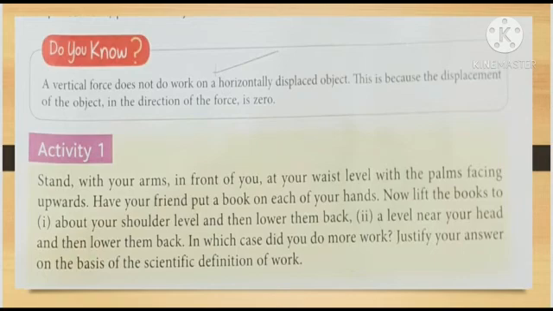Now lift the books to a level near your shoulder and then lower them back. And in the second case, to a level near your head and then lower them back. In which case did you do more work? Justify your answer on the basis of the scientific definition of work.